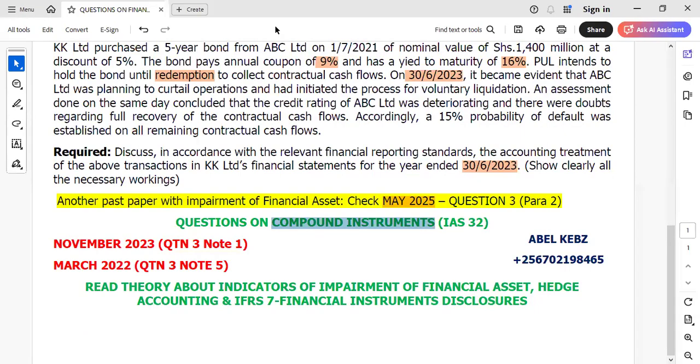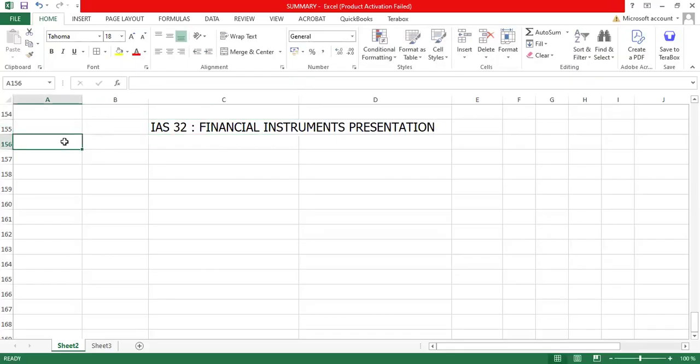Okay, break of 10. Financial instruments are presented as financial assets in the statement of financial position if the entity is the holder of the instrument, and if the entity is the issuer or the borrower, then the financial instruments are presented as financial liabilities or equity in the statement of financial position.